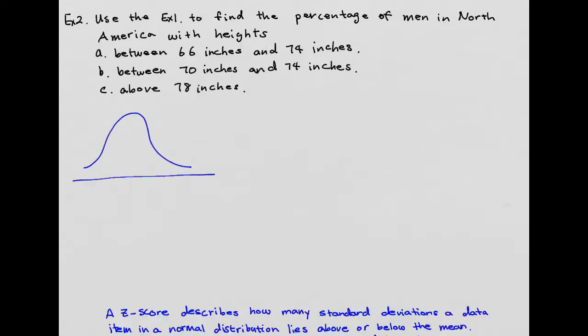In this problem, we have a mean of 70 and the standard deviation is 4. So the first standard deviation is 70 plus 4, so it will be 74.